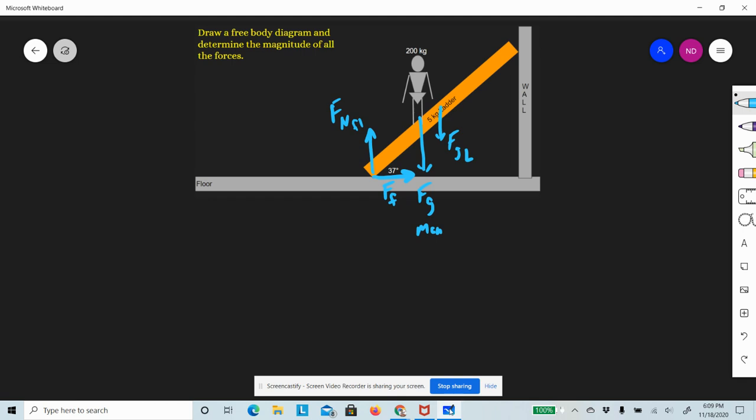The problem says that this is a frictionless wall, but the wall will still push this way, so there'll be a normal force from the wall. There are 5 forces here.